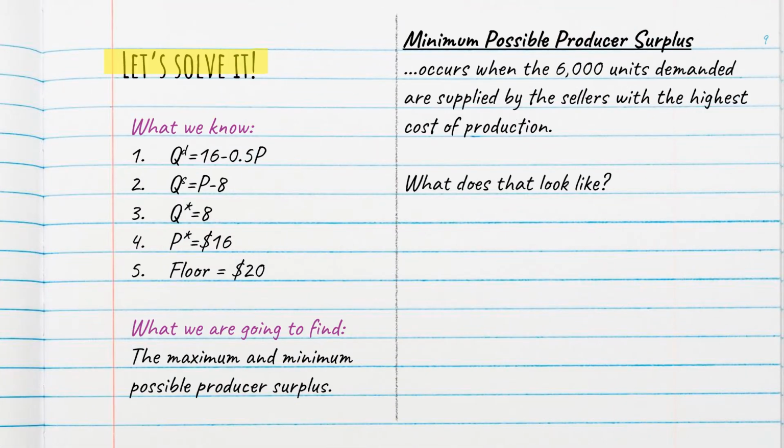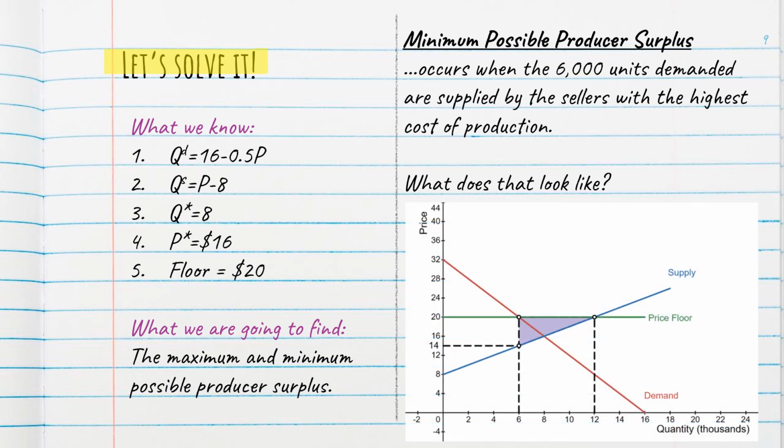So what does this minimum possible producer surplus look like? It turns out to be this purple shaded triangle. Here, instead of having our lowest cost 6,000 sellers supplying this good, we have slid up the supply curve and found the highest cost 6,000 suppliers.